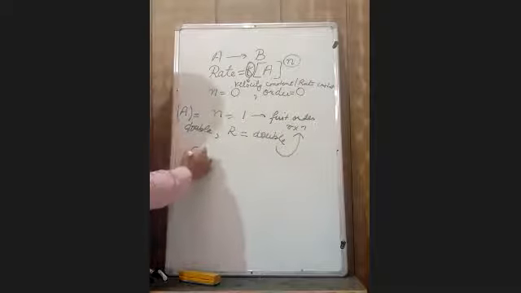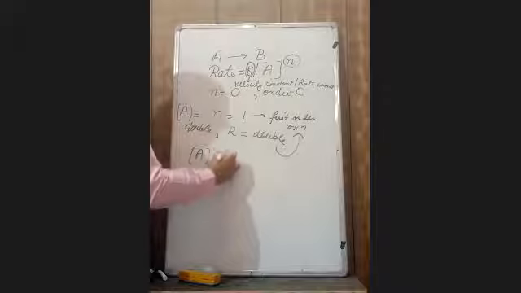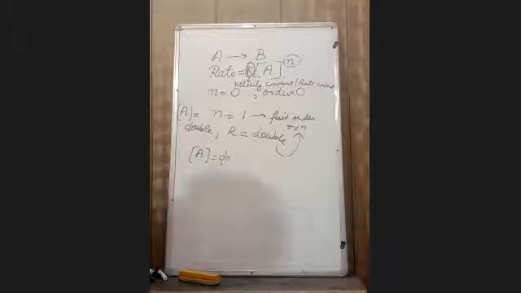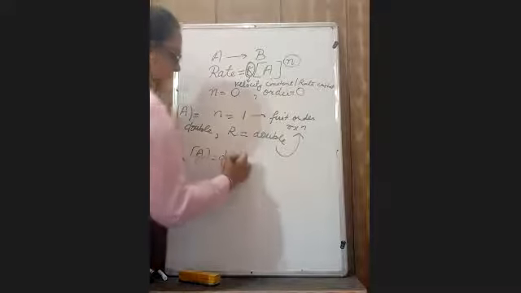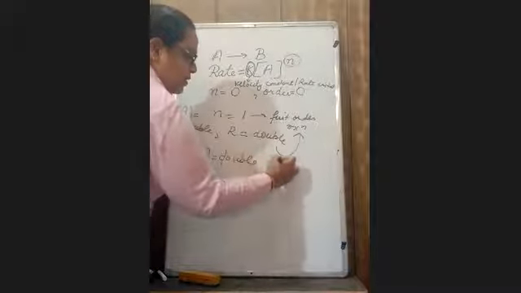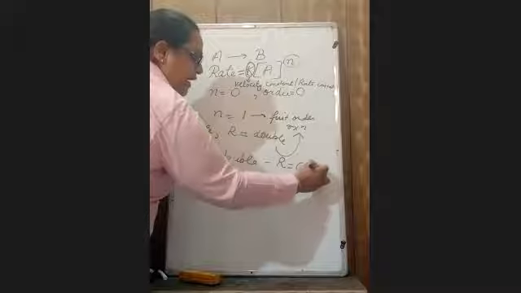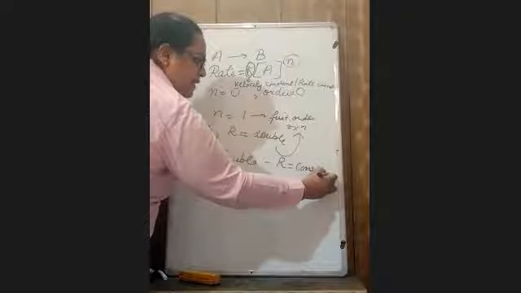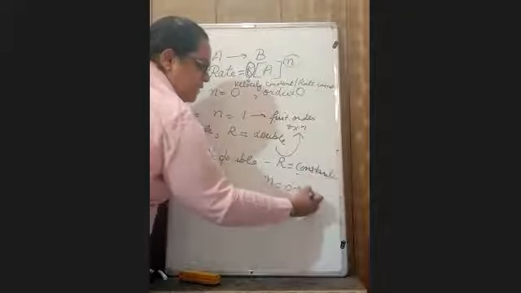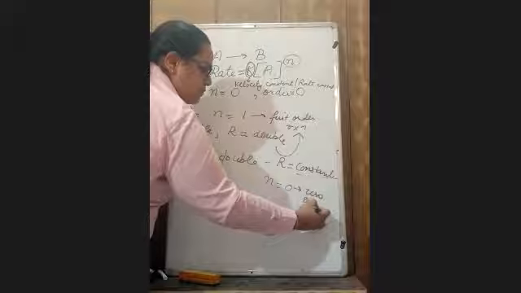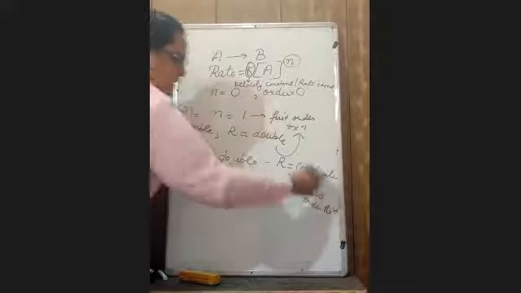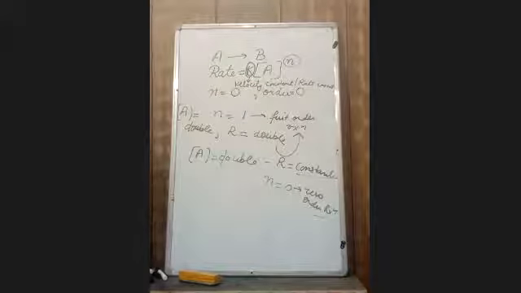If A doubles and R is constant, and n is 0, it is your 0 order reaction. If A doubles, R constant, it means it is your 0 order reaction.